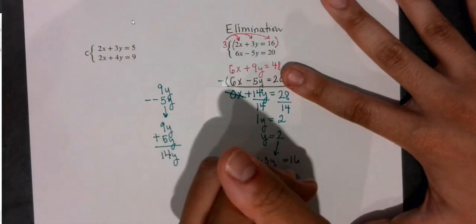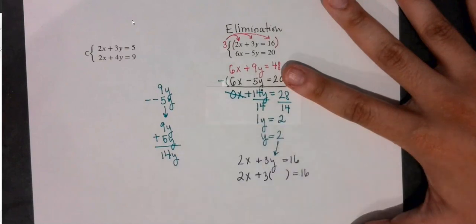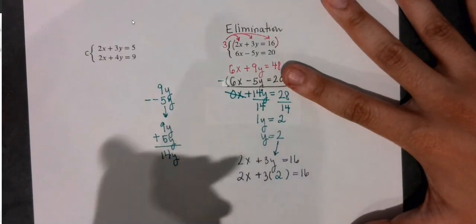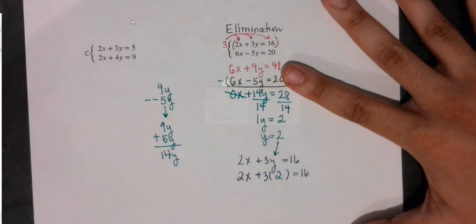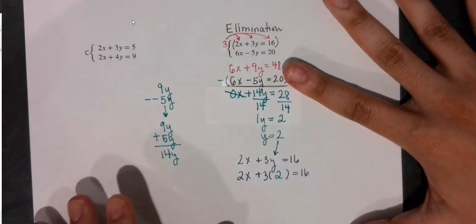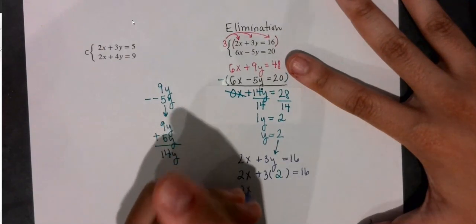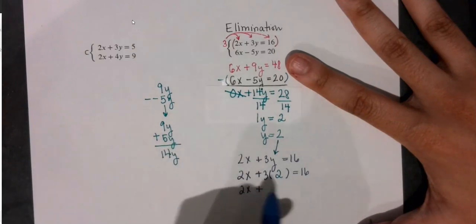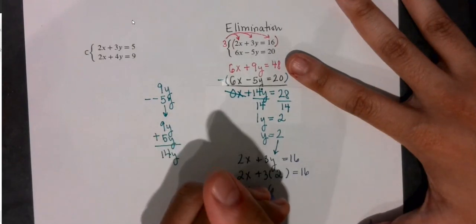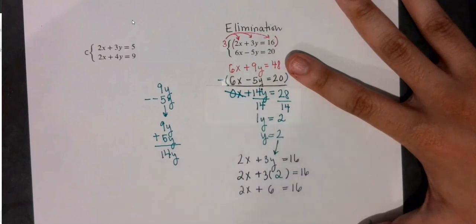I'll write that in a second, equals 16. And what I'm actually doing here is substituting a 2 in for y because I know y is 2. And now I can finish solving this because I only have one letter here. So I have 2x. I still don't know what that is. Plus 3 times 2 is 6 equals 16.